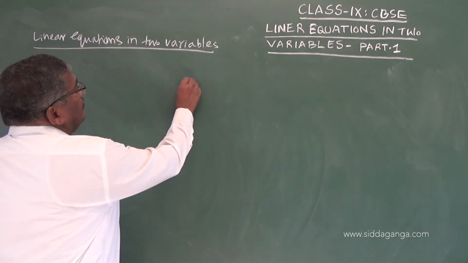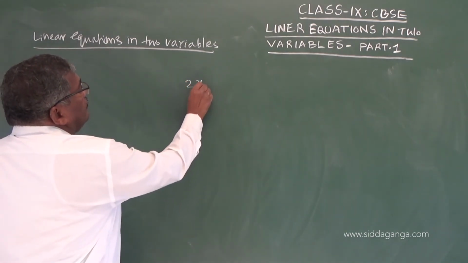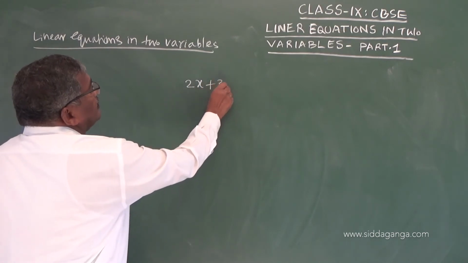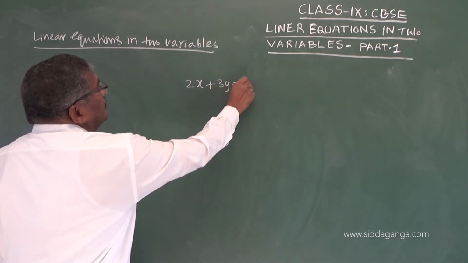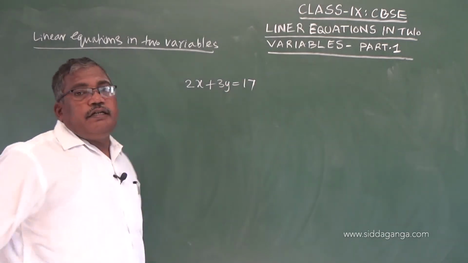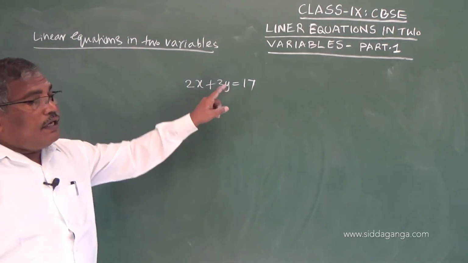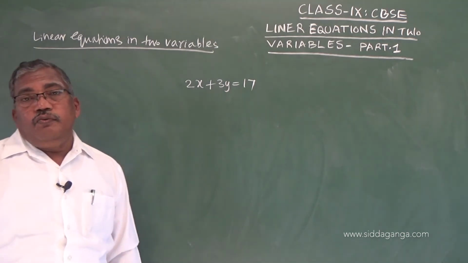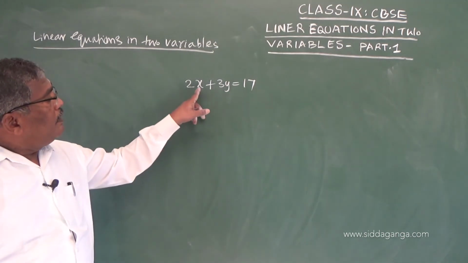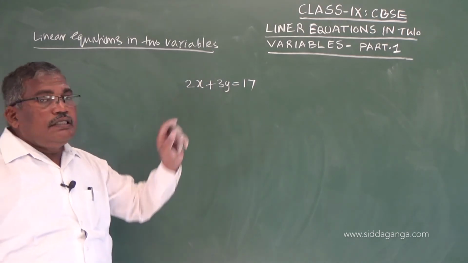Dear students, observe this equation. If we have 2x plus 3y is equal to 17, let us say. So here we have x and y, two variables. x is a variable, y is a variable.